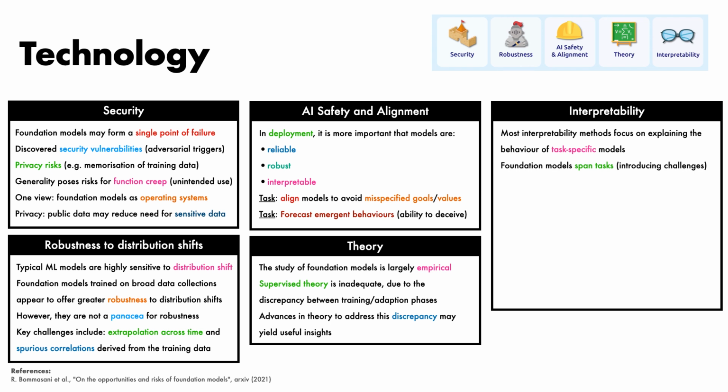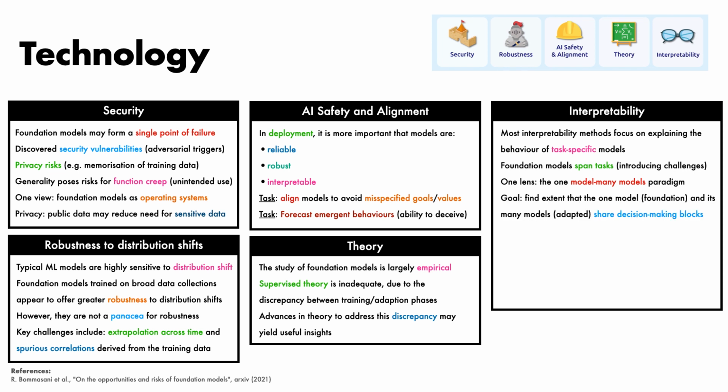Bommasani et al. propose a lens through which to consider interpretability, which is the one model, many models paradigm. The goal of this paradigm is to determine the extent that one model, i.e. the foundation model, and its many models, i.e. the adapted variants, share decision-making building blocks.